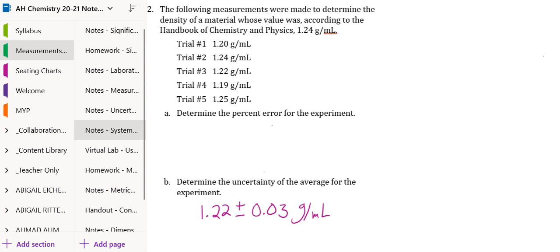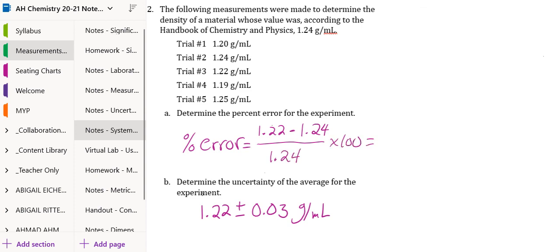Now, I'm going to go back and use the average value for finding percent error. And I'm going to use that 1.22 as the measured value. So when I find percent error, I'm going to do measured, which is 1.22, minus accepted, 1.24. That's going to give me a negative number, but I'm going to make it positive. Then divide by accepted, which is 1.24, and multiply by 100.